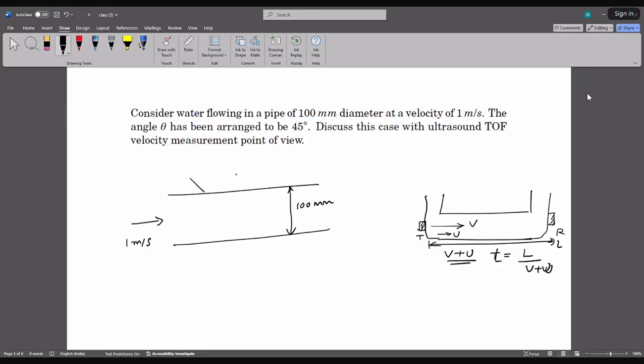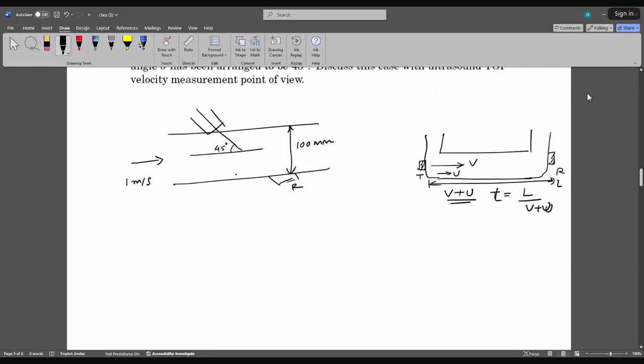The transmitter is at an angle of 45 degree, and you may have a receiver somewhere here. It says to discuss this case from the ultrasound time of flight velocity measurement point of view.